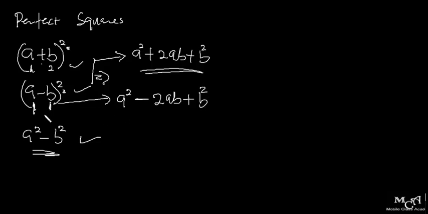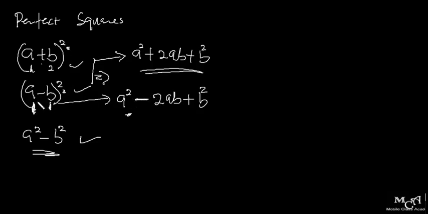Let me take it again. If we are expanding a perfect square, the approach is to square your first term, which is a, and that's what we did here. Because of the negative sign, you introduce a negative sign here. Then you do twice the product of your first term and the second term. The product of first term and second term is a times b.